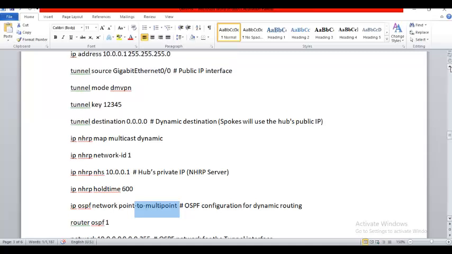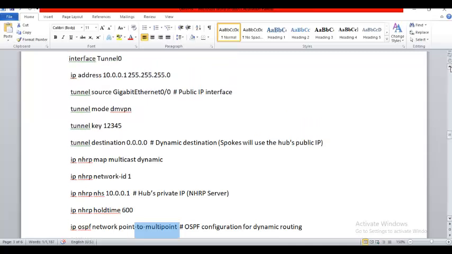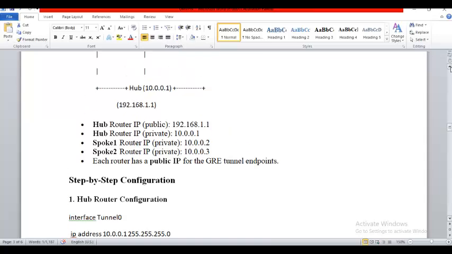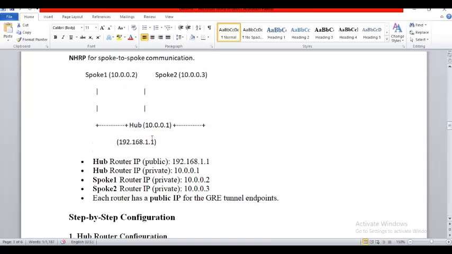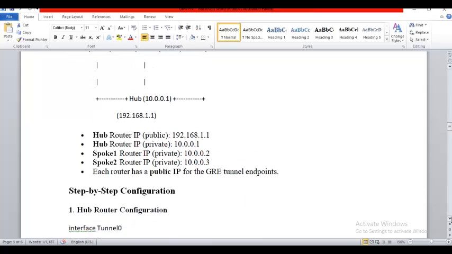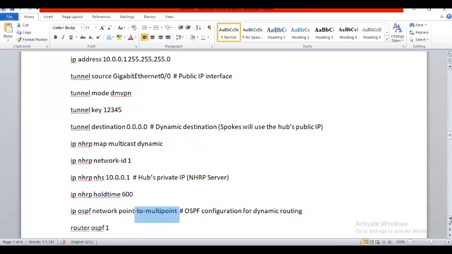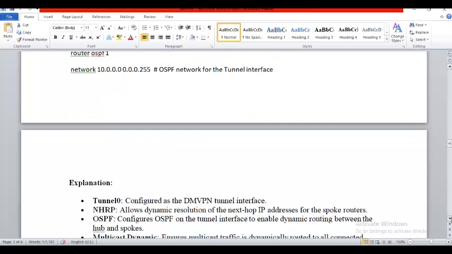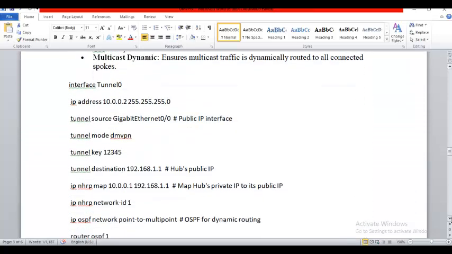Now let us see the configuration on the spokes router. On the spokes router, this is the private IP address, and this is the source from where the tunnel needs to be negotiated, which has got a public IP address on it. Mode, this one you know. Now this is where the change is.